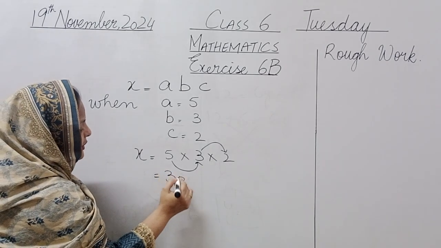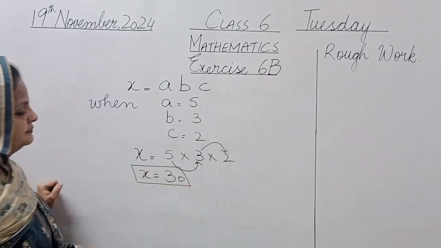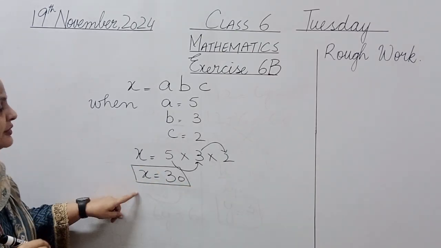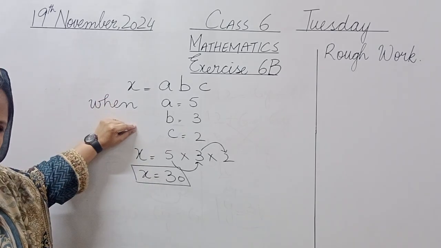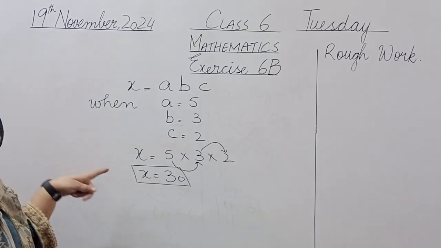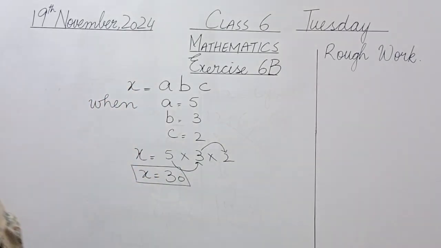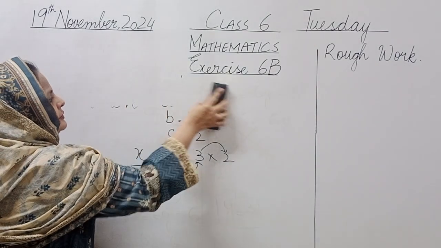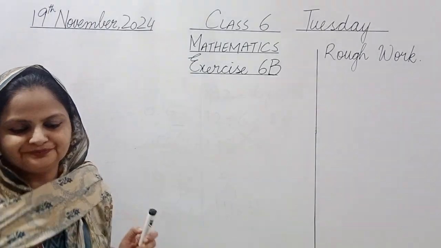Very good. So x is equal to 30. Right? So see how easy is this? How simple is that? And how interesting is it? And what makes things easier for you? Exactly. Practice makes things easier for you and you will become perfect in it.